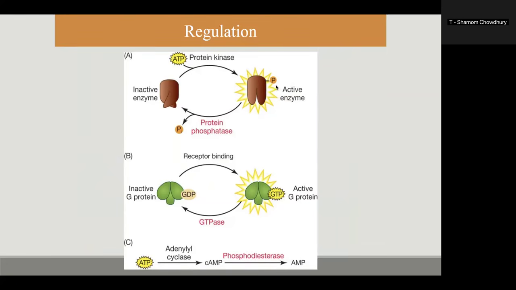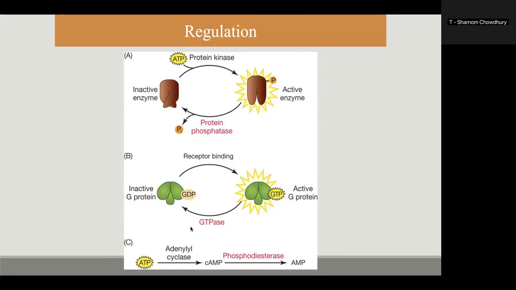Protein phosphatase gets rid of the phosphate, returns it back to its original state. Same thing with GTP. As you mentioned before, the G protein, once it's activated, it'll go to the effector molecule. You don't want the effector molecule to be activated permanently because that means there's cellular responses continuously. So GTPase comes in, converts GTP into GDP, so it goes back to its original state.